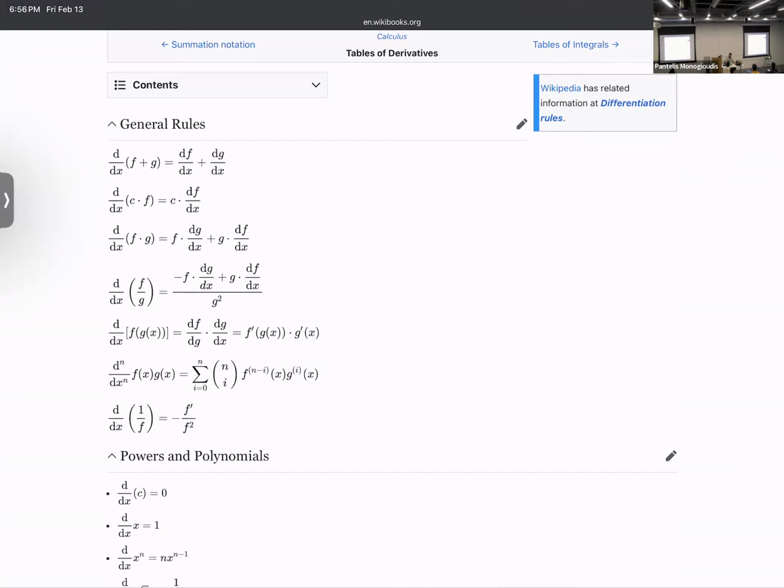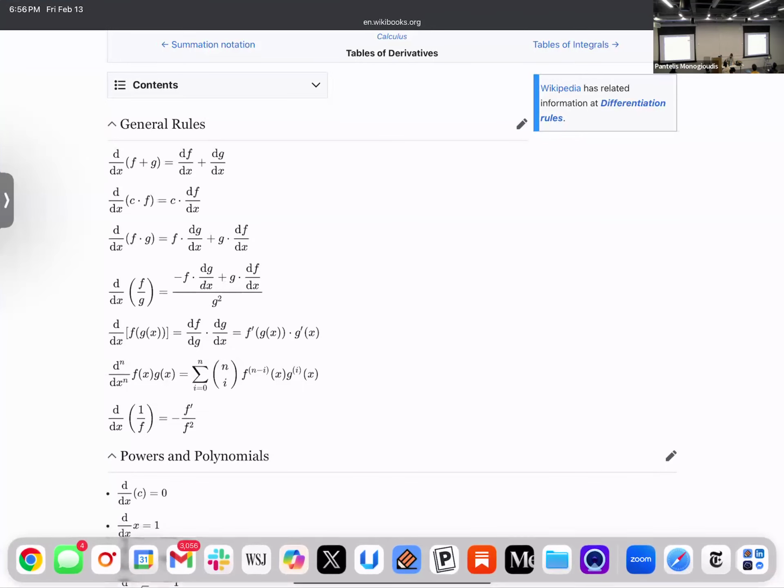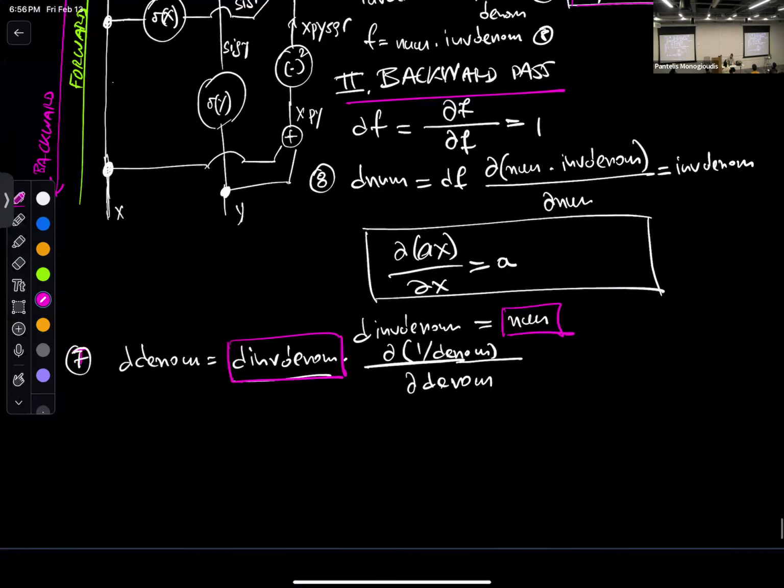The last one. This guy over here. If f is simply x, the partial derivative of 1 over x is minus 1 over x squared. So this is equal to num times minus 1 over the num squared. That's it. Equation 7 is done.